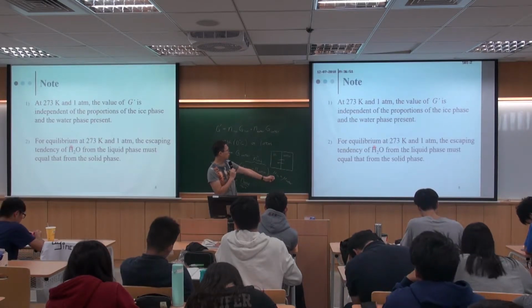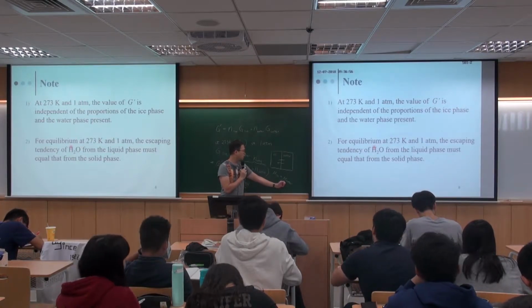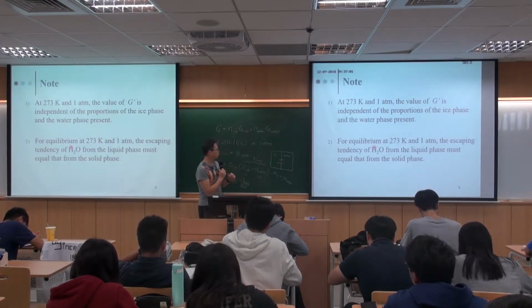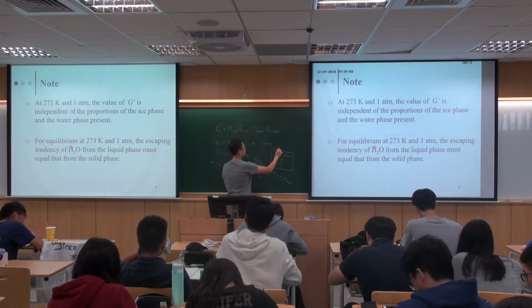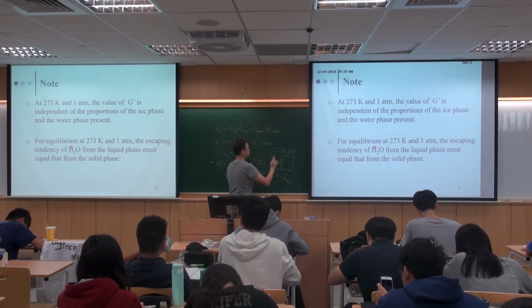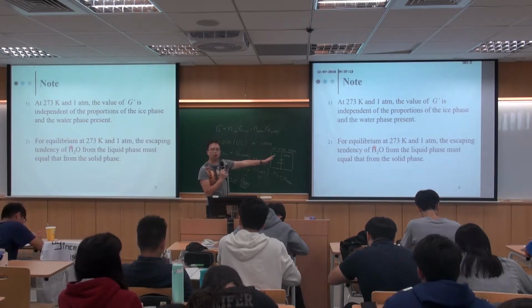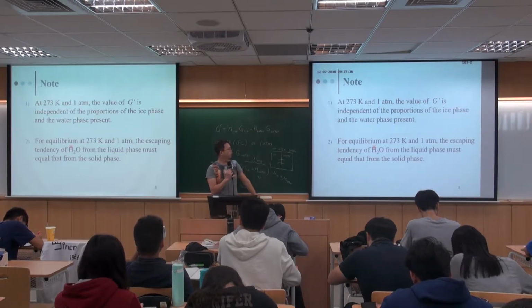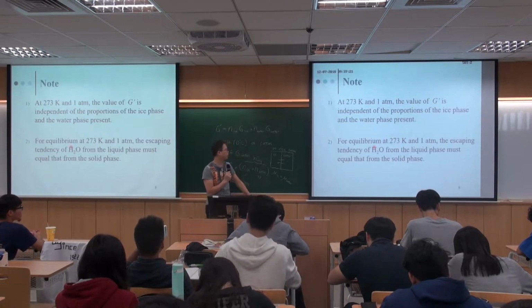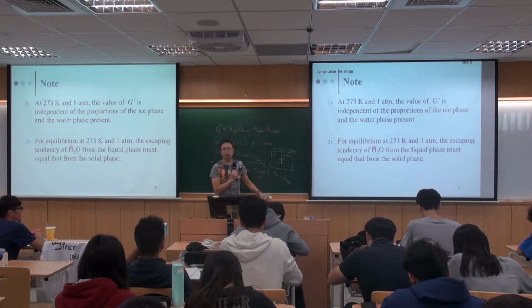Then you can express the chemical potential of ice as the same as the chemical potential of water, because at 273 Kelvin, 1 atm, this is the case. But that won't be the case if you raise the temperature, right? So if your temperature is, say, 298 Kelvin, 25 degrees Celsius, we know that in equilibrium, water is the stable phase.